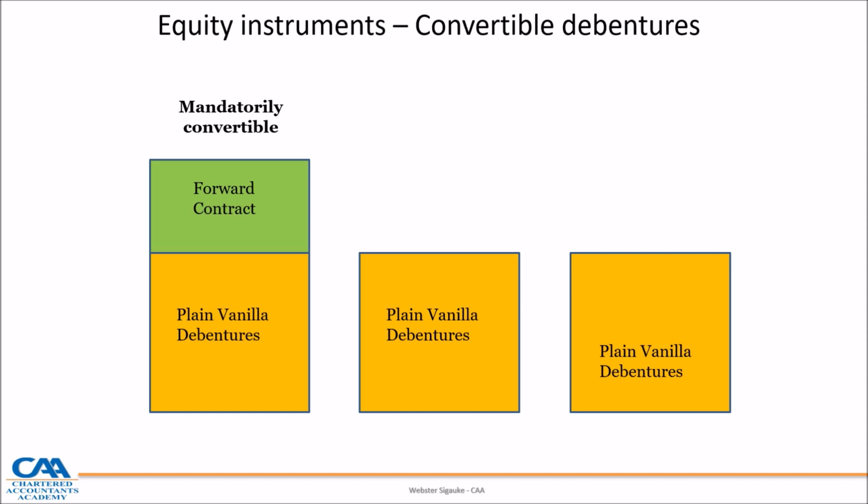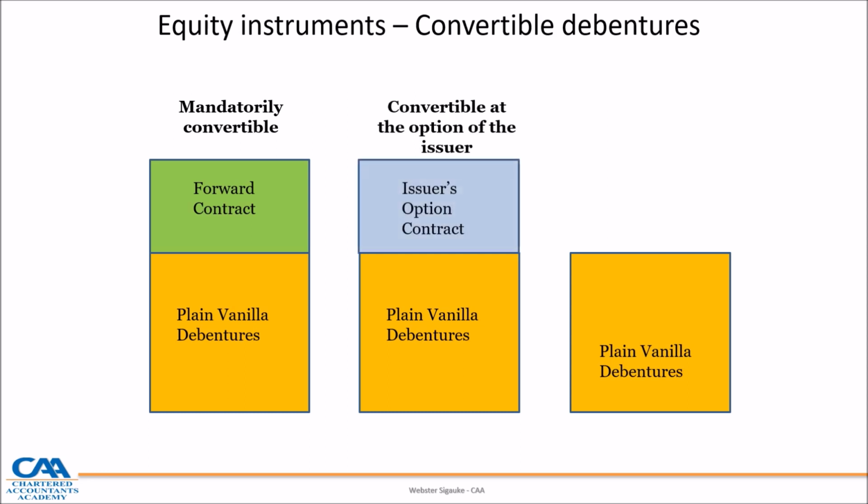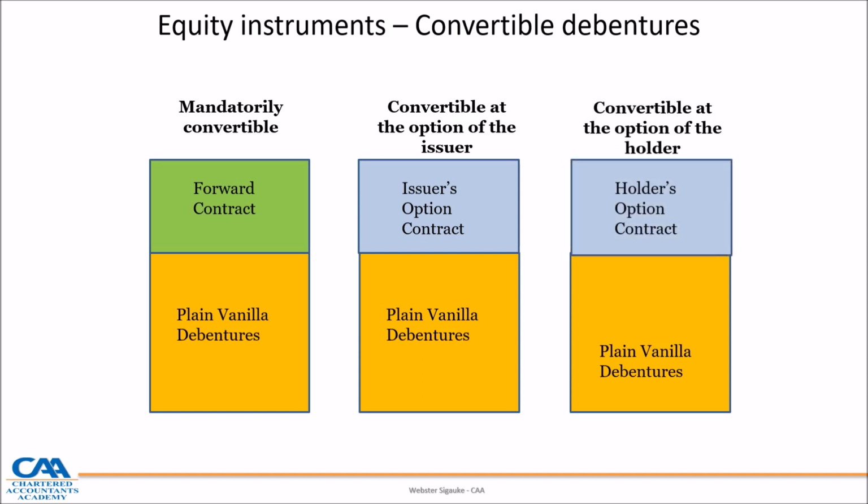You can see that your coupon is a contractual obligation to deliver cash, and you have a liability in that case. And the forward gives rise to an equity component because you're expected to convert your principal amount into shares. And then there are times where you have debentures that are convertible at the option of the issuer, as well as at the option of the holder.